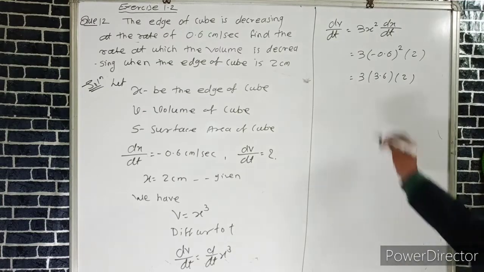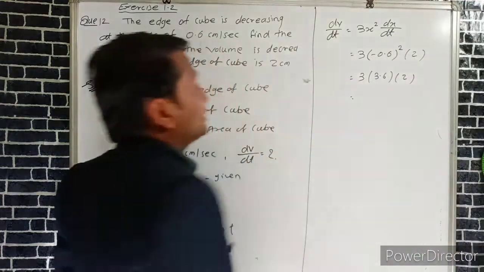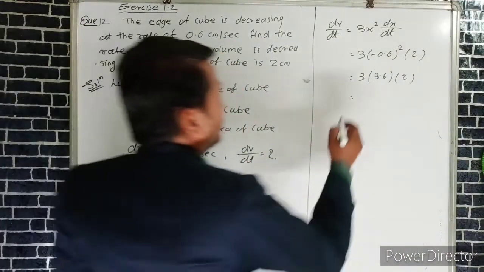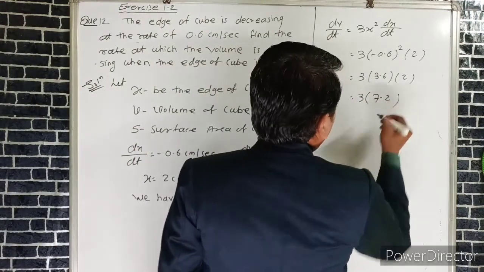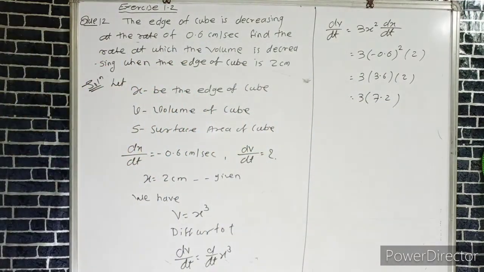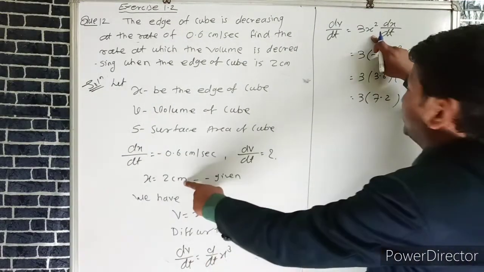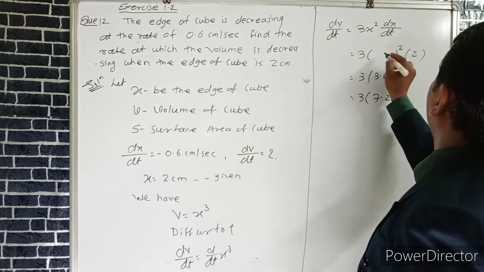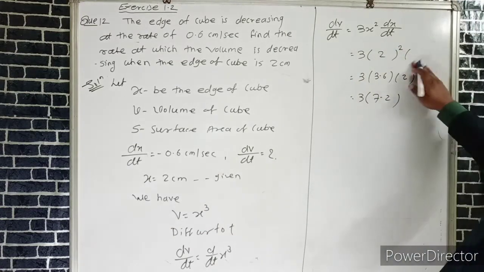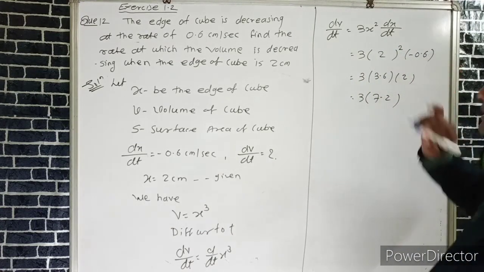3.6 into 2 is 7.2, and the product of 3 into 7.2. Here the value of x is 2 centimeter, 2 square, and dx by dt is minus 0.6.